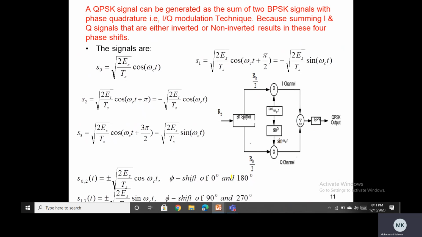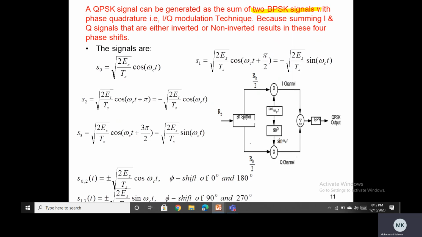So if I combine S0 and S2, this is plus minus because S0 is in plus and S2 is in minus, and both are cos omega CT waveforms. So it comes to plus minus square root 2 ES over TS cos omega CT, where the phase shift between these two, S0 and S2, is 180 degree. That's exactly what it says.